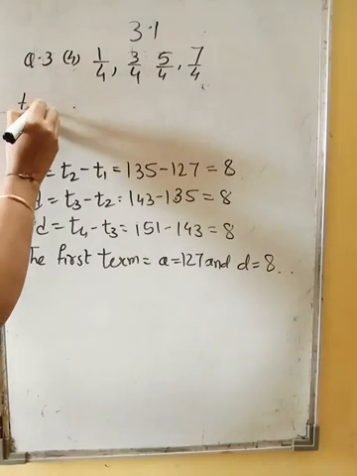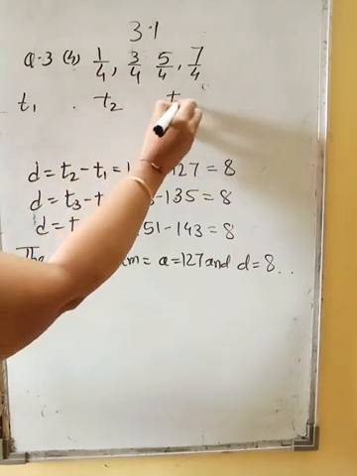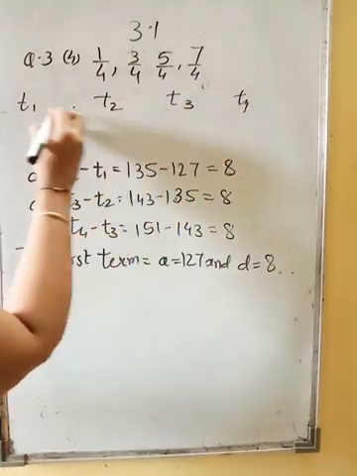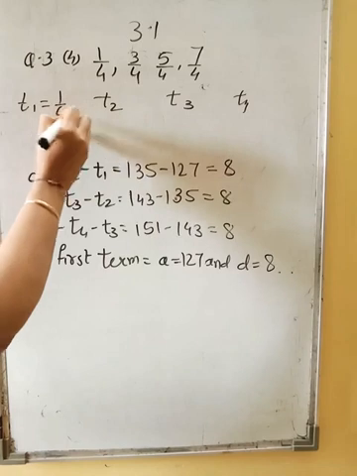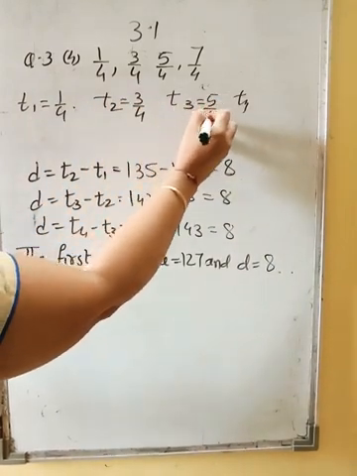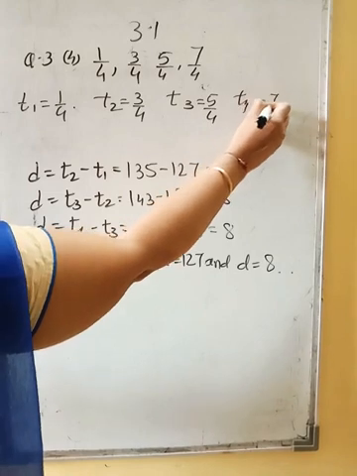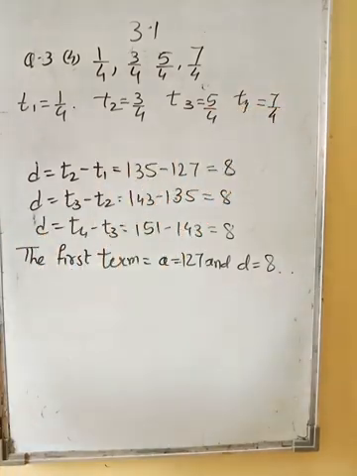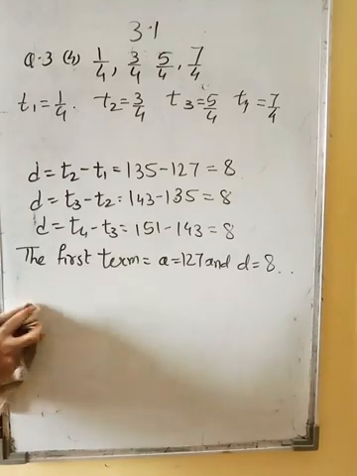So write down what is T1, T2, T3 and T4. So T1 is 1 upon 4, T2 is 3 upon 4, T3 is 5 upon 4 and T4 is 7 upon 4. Now we'll try to find out the difference.